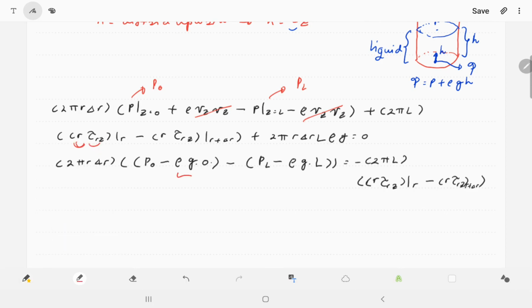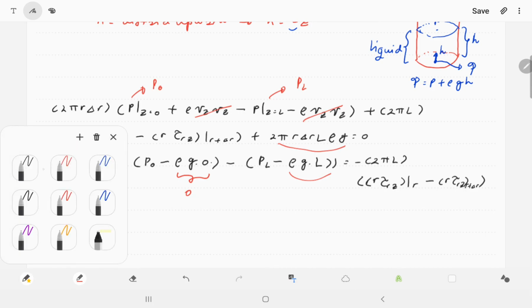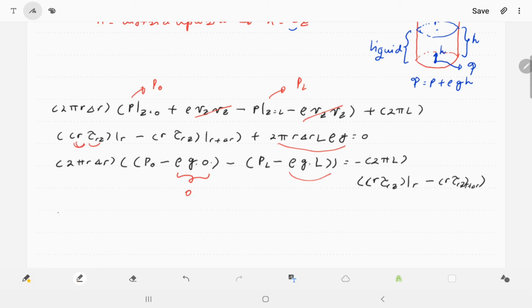This quantity in here is equal to 0. And then this one comes from basically this one. You will be able to understand once you try it for yourself. So this one can be converted into the modified pressure difference term.